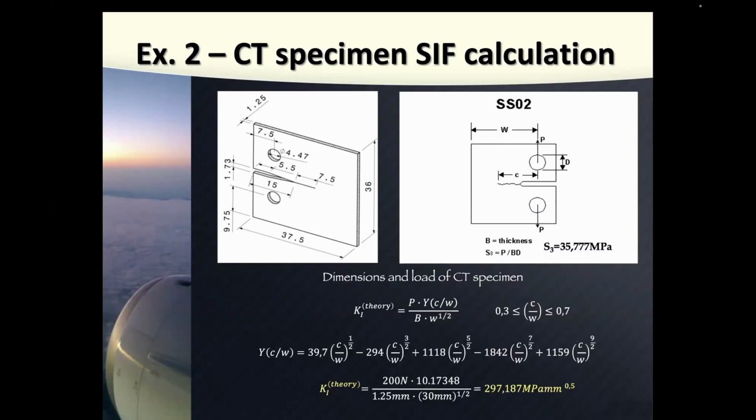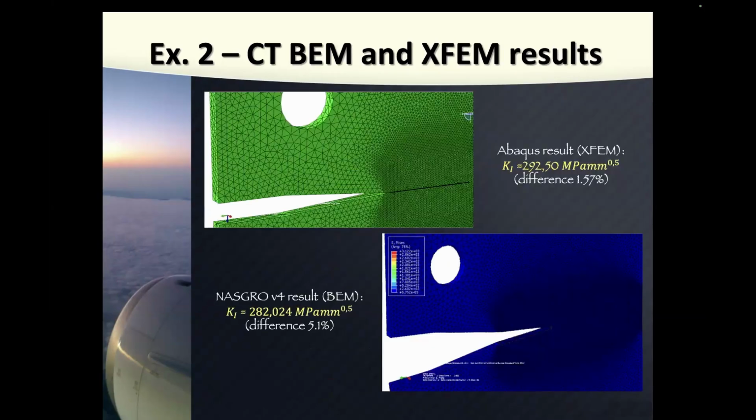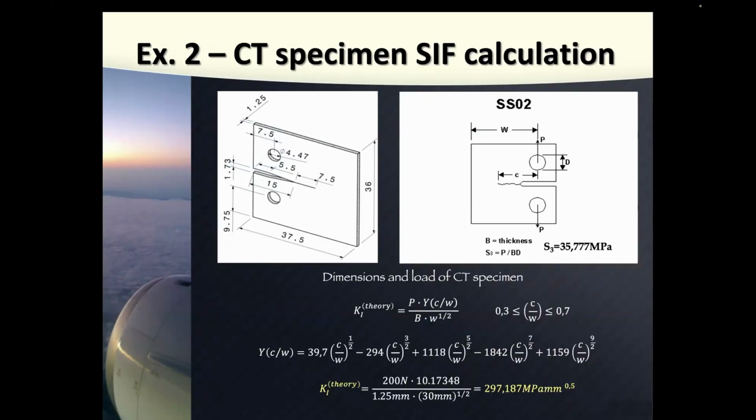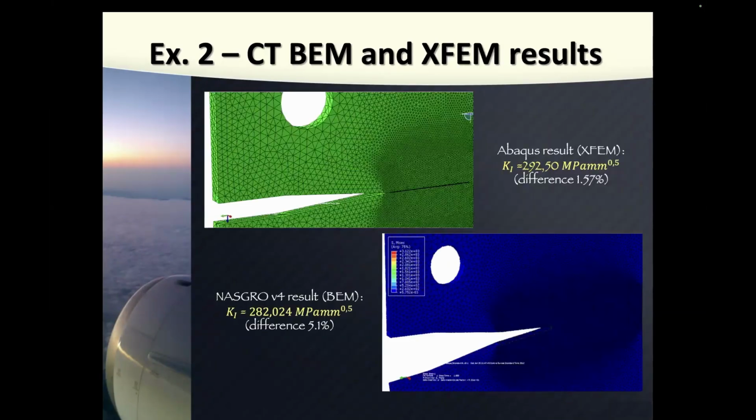And then this function Y, this is formula for function Y obtained using analytical approach. Okay. And when you use theory, result is 297 megapascal millimeter square root of millimeter. So this is a little bit weird unit for this. And okay, using Abaqus, the same model, I got 292, which is difference of about 1.57% only, compared to tetrahedral mesh, as you can see.